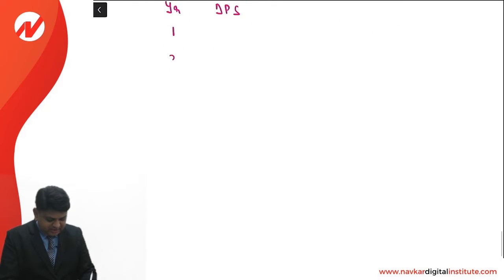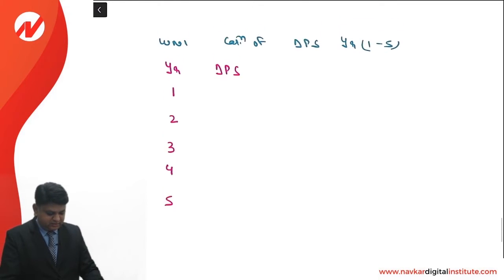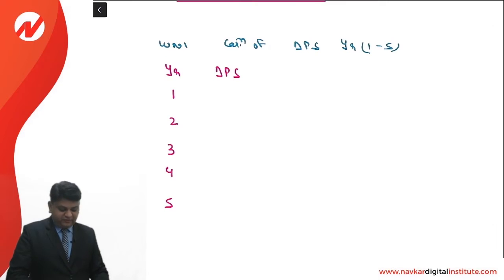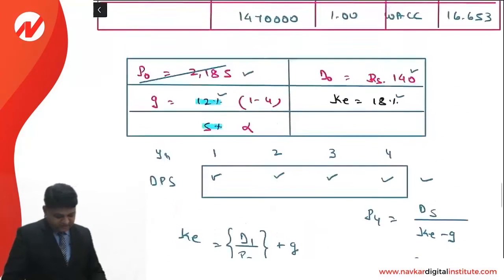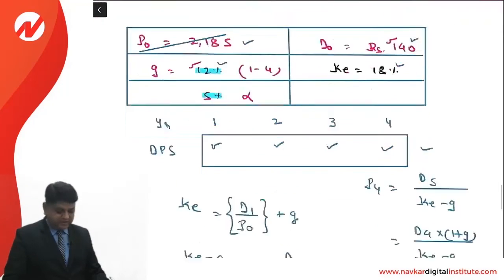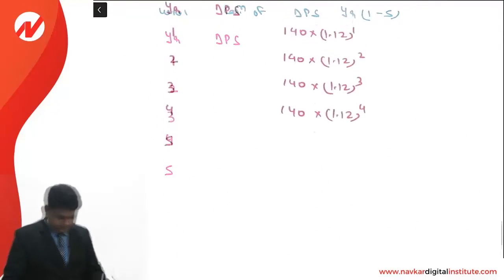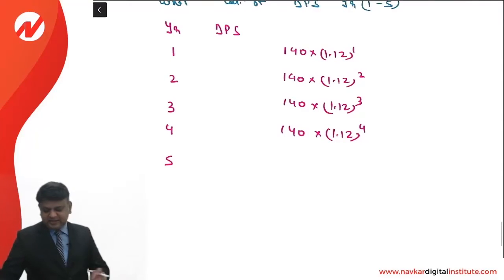First year, second year, third year, fourth year and fifth year. This is the dividend from end of year 1 to end of year 5. So it is 140 rupees and it will grow at the rate of 12%. So we understand that for end of year 1 it is 140 into 1.12 that comes to 156.8.